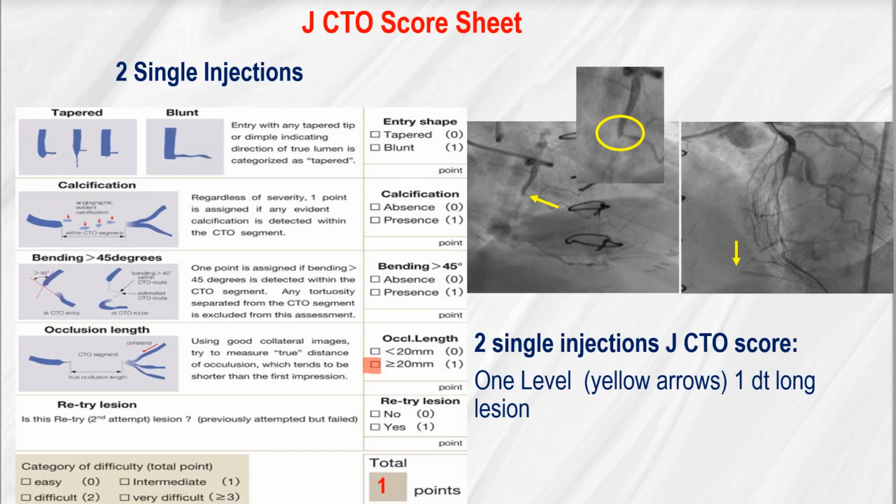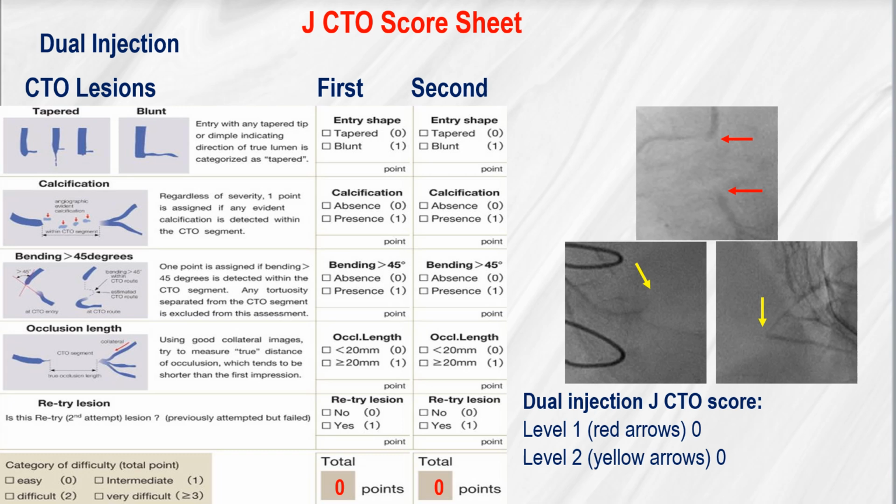With two single injections, JC2O score showed one level of obstruction, yellow arrows, score 1 due to long lesion. While with dual injection, two levels of obstruction, JC2O score, each level is 0.